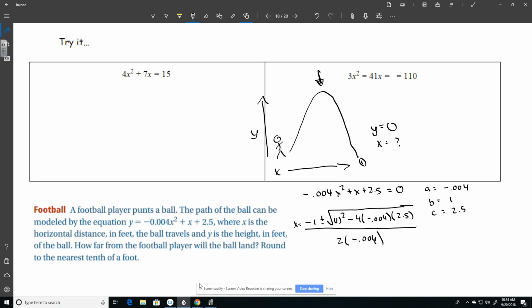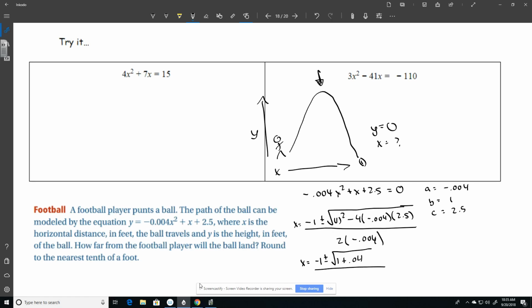So when I simplify this, x equals negative 1 plus or minus the square root. 1 squared is 1. Negative 4 times negative 0.004 times 2.5 becomes positive 0.04.